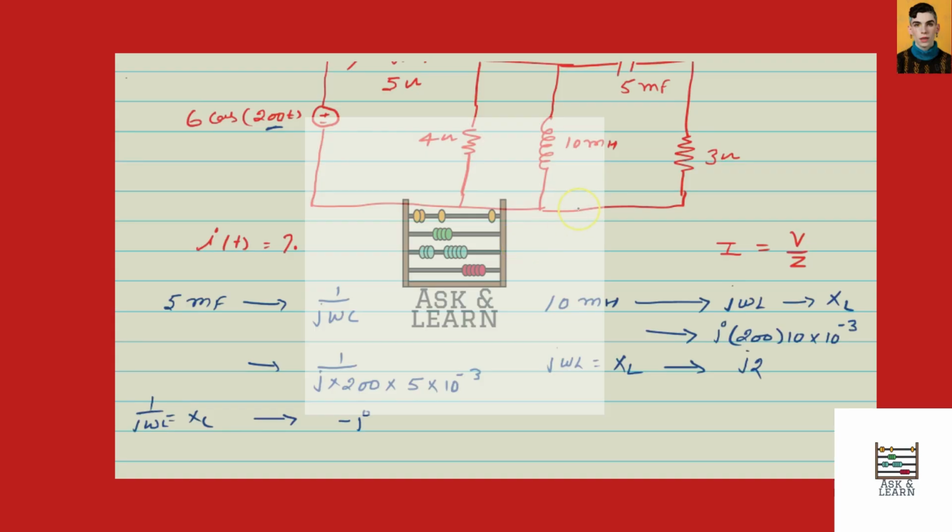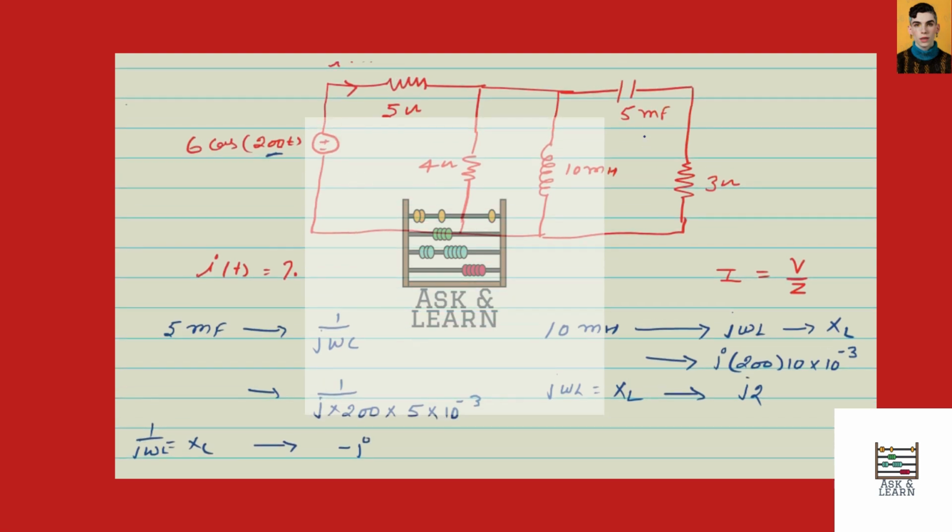Now we calculate the total impedance of the system. Here there are three parallel branches. Assume the first branch is Z1, the second is Z2, and the third is Z3, which has the 3 ohm resistor and the 5 millifarad capacitor. There is also another resistance of 5 ohm. There are different methods for solving this problem.